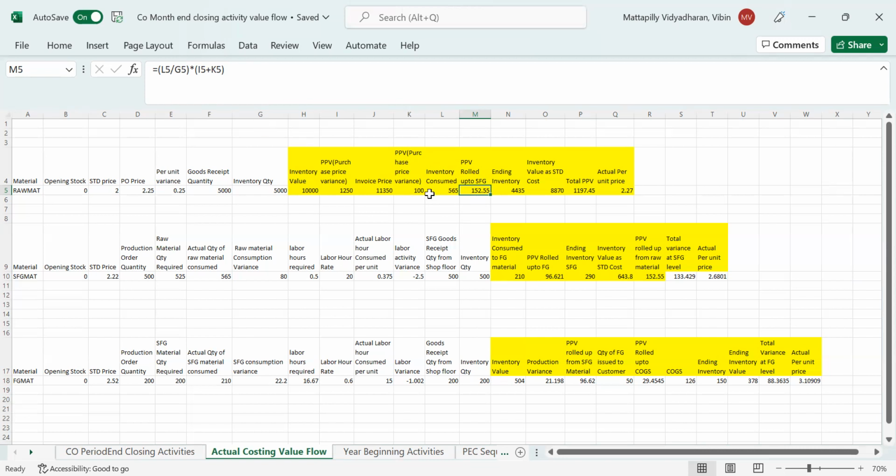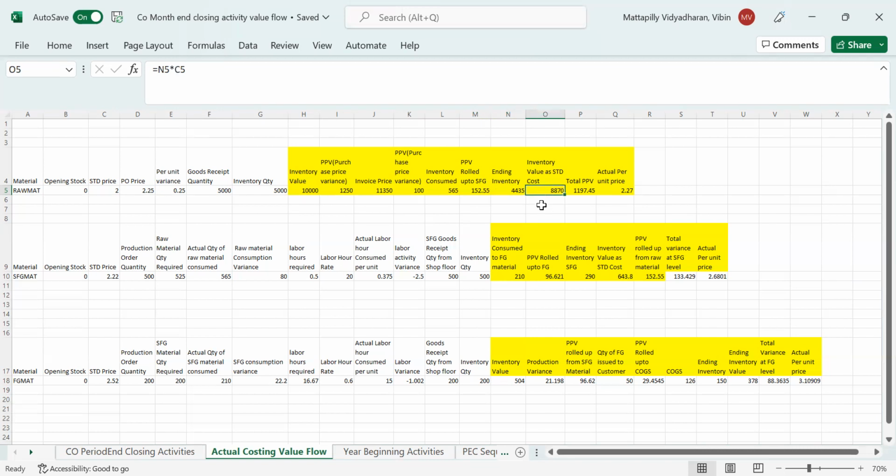So how much will it come to? 565 divided by 5,000 multiplied by I5, which is 1,250 plus 100. So we get 152.55. Ending inventory will be 5,000 minus inventory consumed 565, which is 4,435.